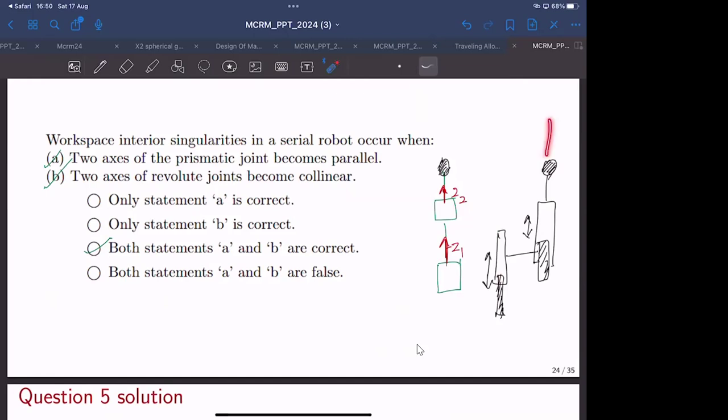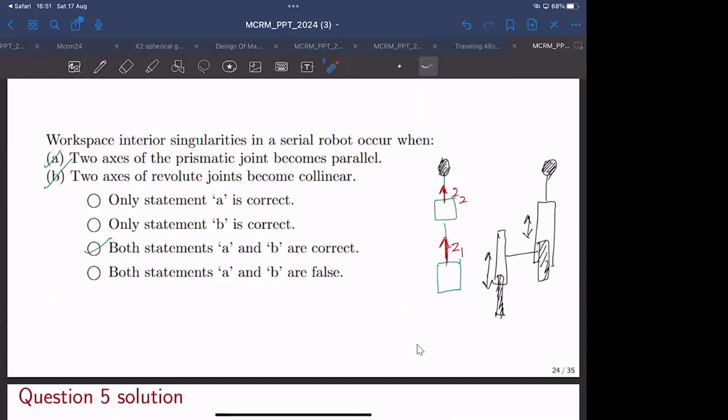Right? It will still move up and down like this. So you are giving two inputs, but only getting one output instead of two outputs. So that is where we have workspace interior singularities.